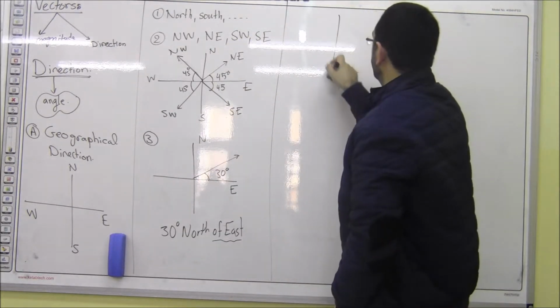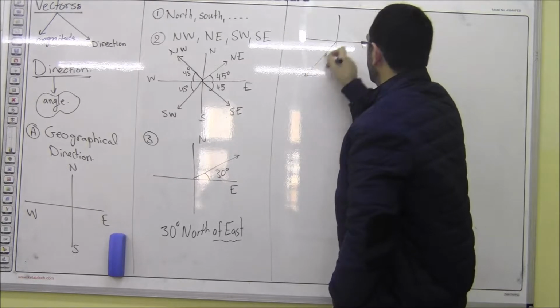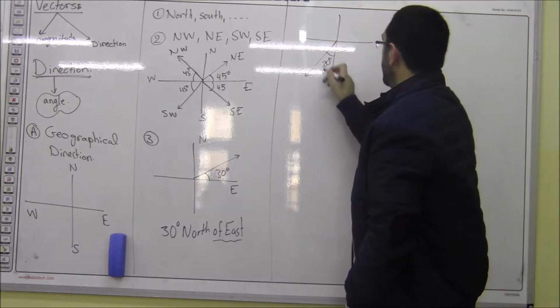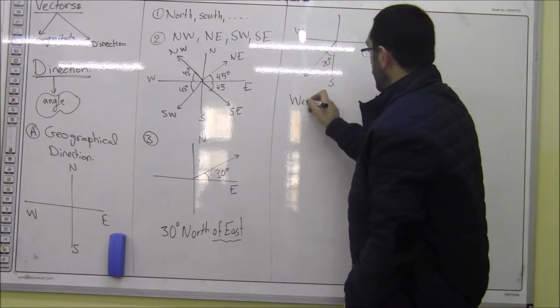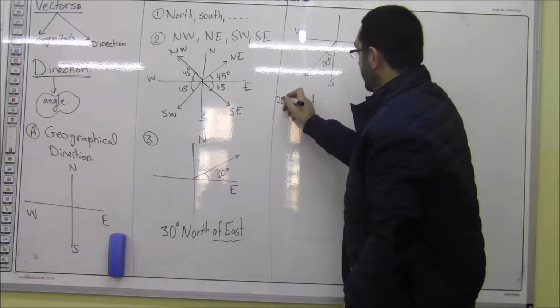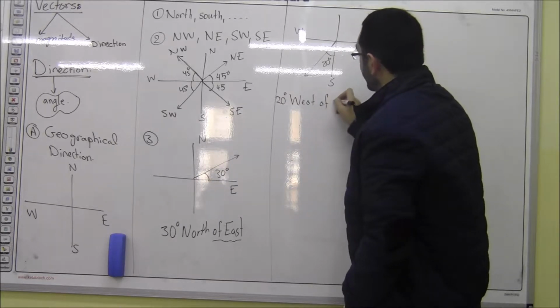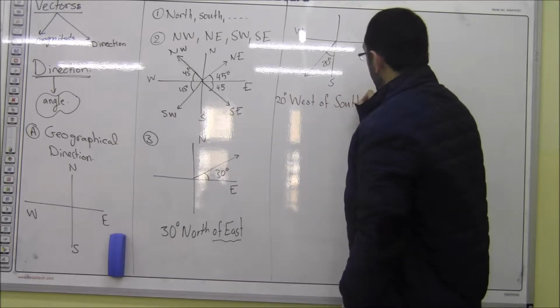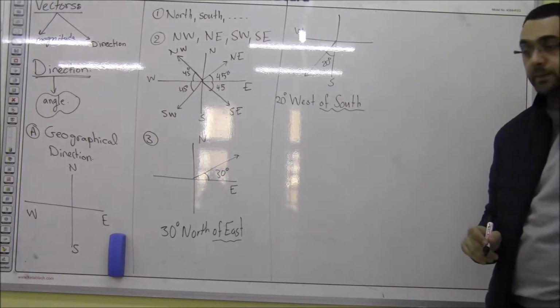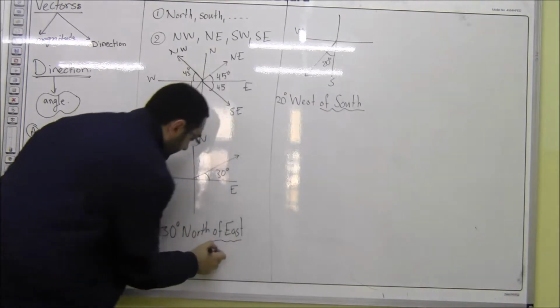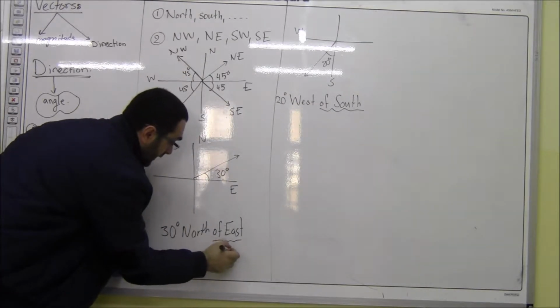Okay, look at this. South, west. 20 degrees, sorry, west of south. Why? Because the given angle is with south.